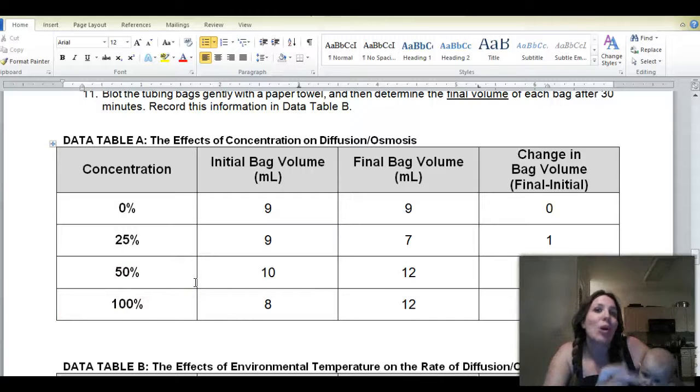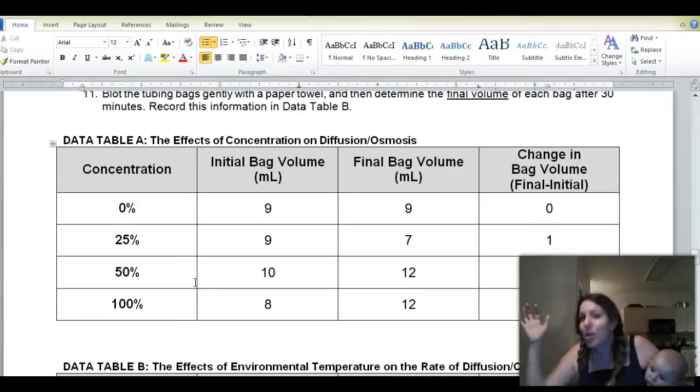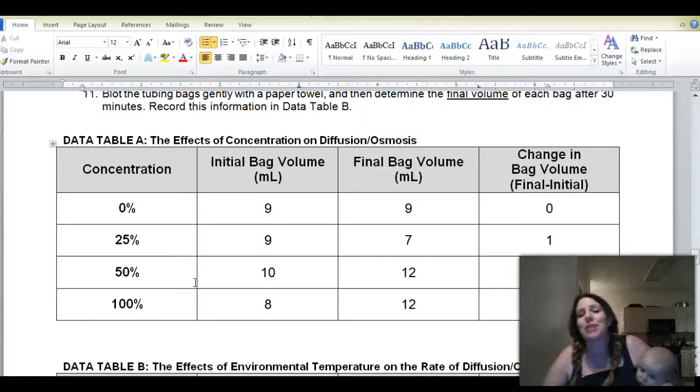Now there's even lower concentration of water inside the tube than outside the tube. So now water really wants to go into the tube from the outside. Meanwhile, that molasses, even though it wants to leave the tube, it can't because it's so big, so it stays inside the tube. Now I'm getting even more influx of volume into that tube. And in this case, my tube increased by 2 milliliters of volume.